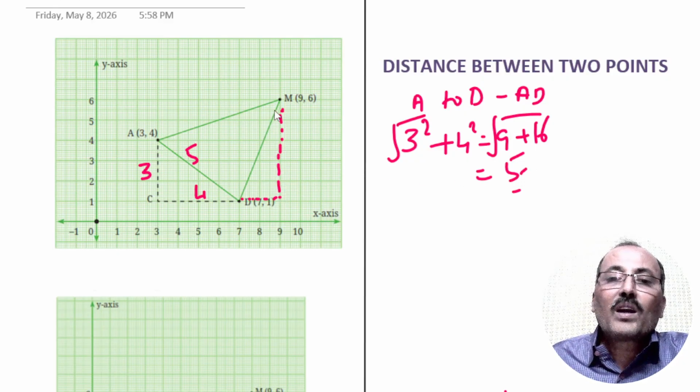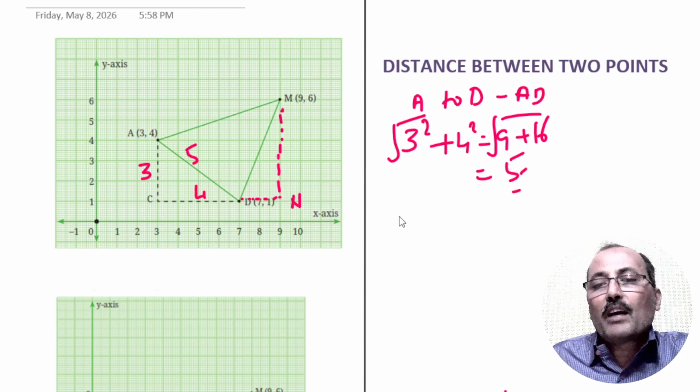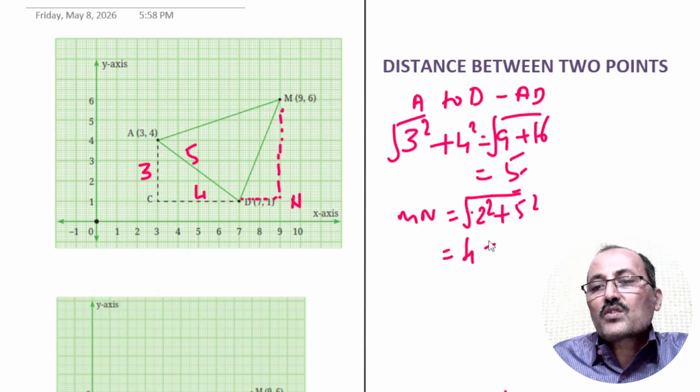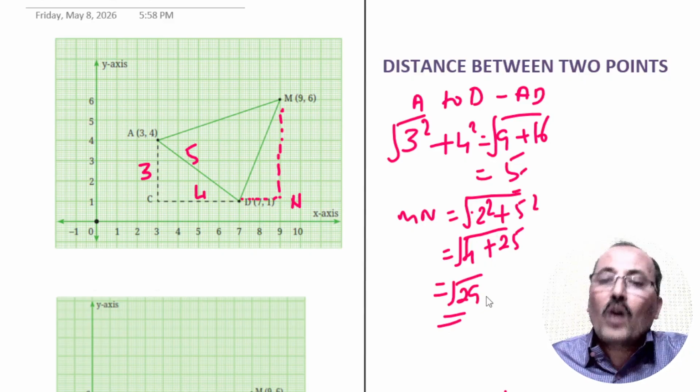Shall we check this one? Now we'll name this one MN. What is MN? MN equals the square root of 2 square plus 5 square, that is 4 plus 25. The square root of 29 is not a perfect square root number.